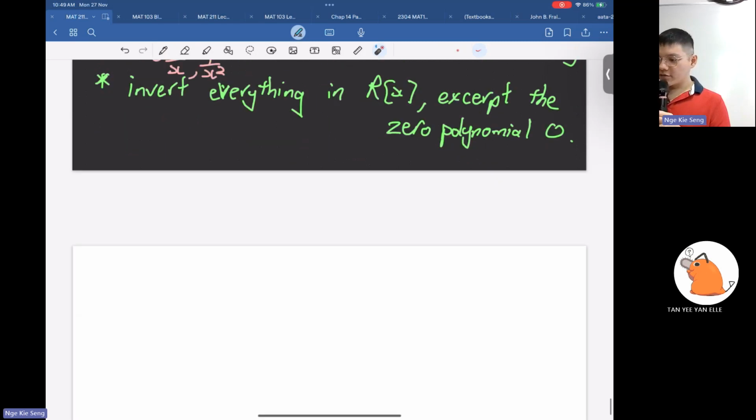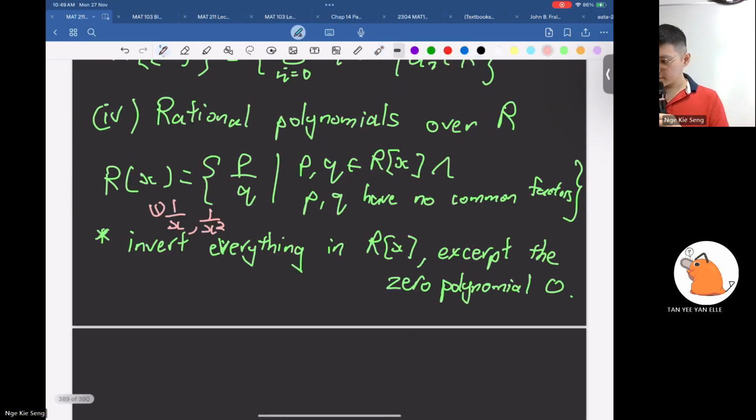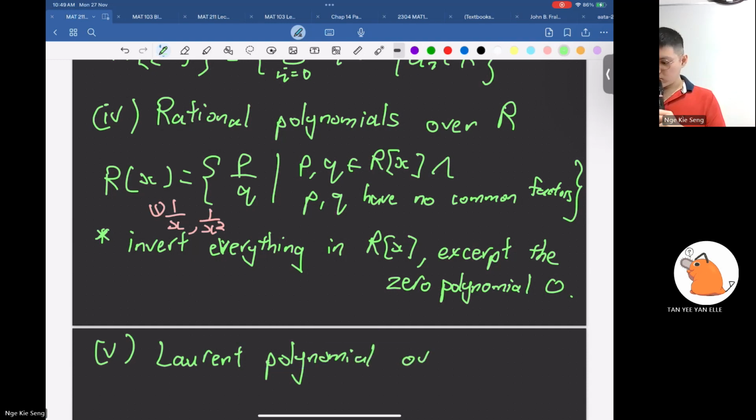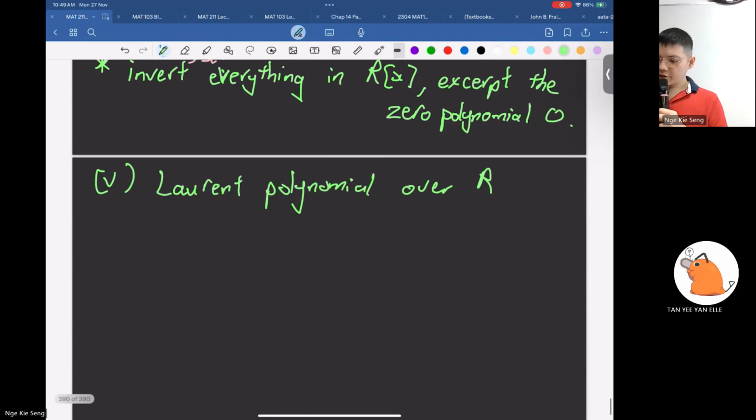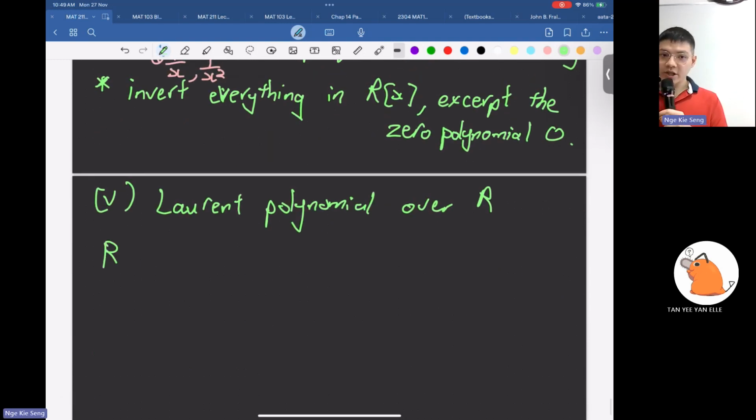And what else can we do? Let me continue. We can continue with something we call the Laurent polynomials. So what do Laurent polynomials mean? It means I can extend my polynomial in the negative direction.